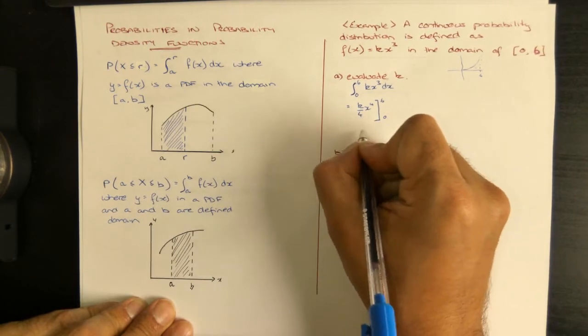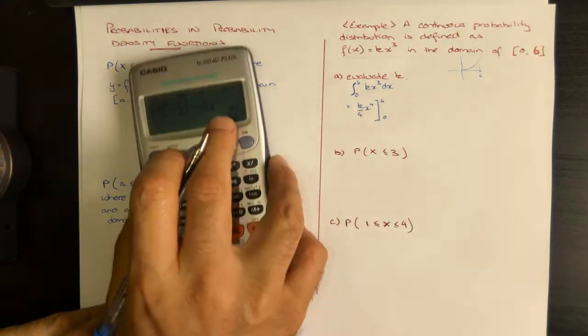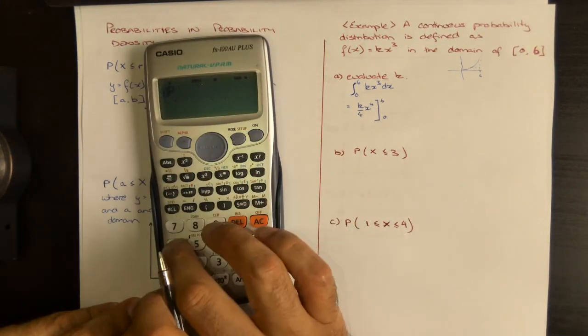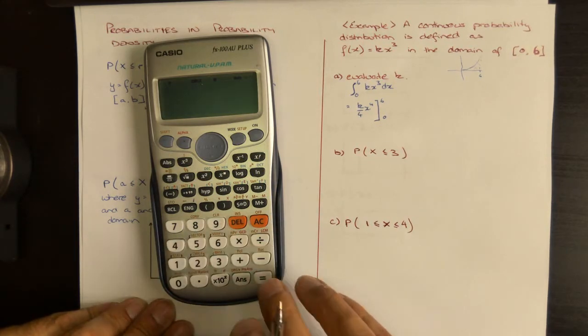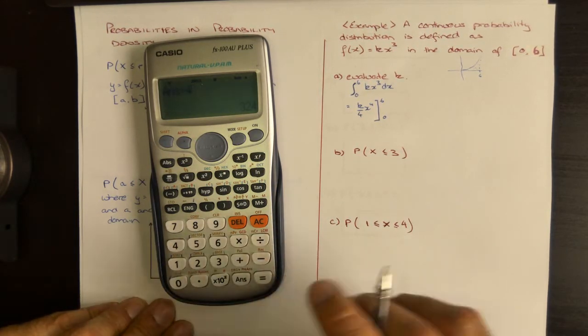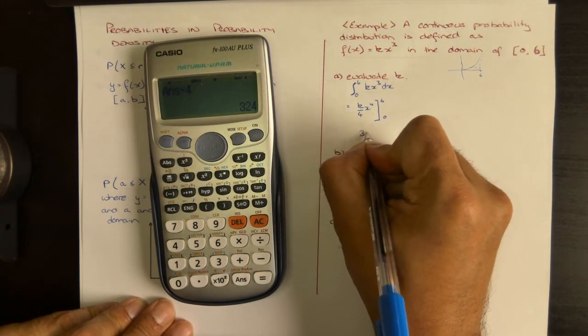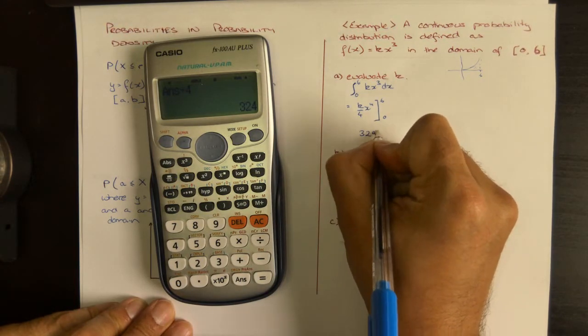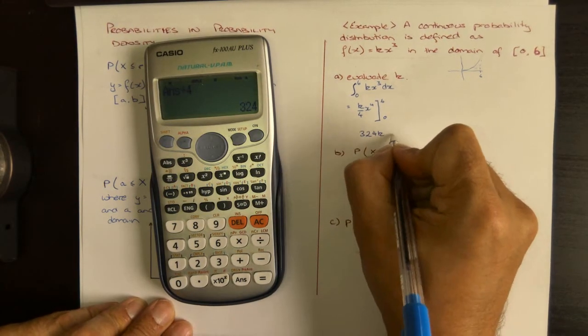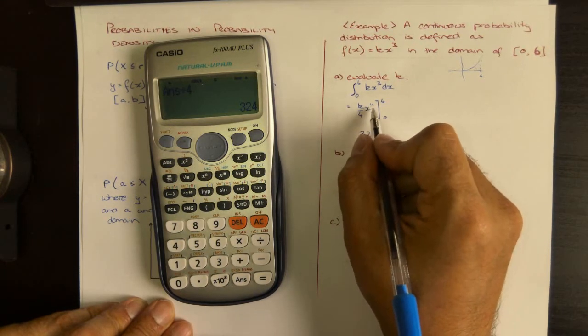Let's work this out. 6 to the power of 4 over 4 is 324k. Now minus, if I plugged in 0, it just ends up being 0.